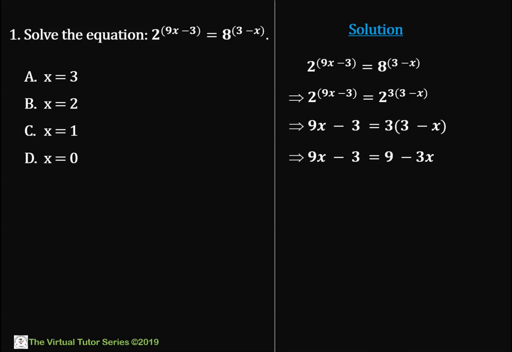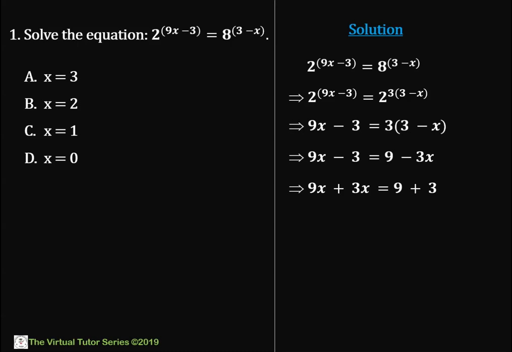We group like terms by adding 3 and 3x to both sides of the equation. This gives us 9x + 3x is equal to 9 + 3. 9x + 3x is 12x, and 9 + 3 is 12.